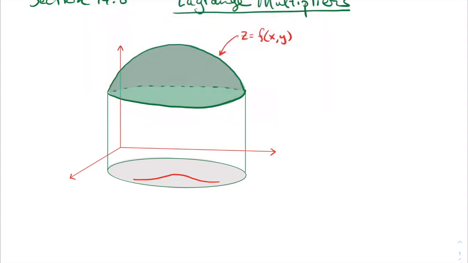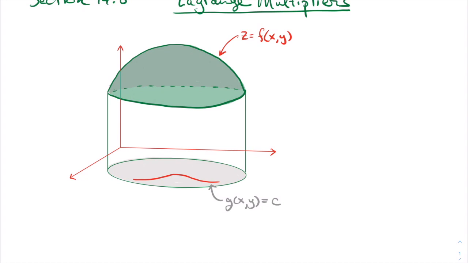Let's say that that guy is g of x, y equals some constant. So it's just an equation in x and y where we move all the variables over to the left. You can also view this as a level curve for g.